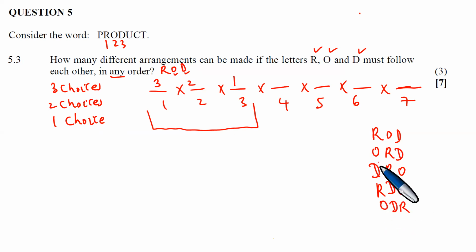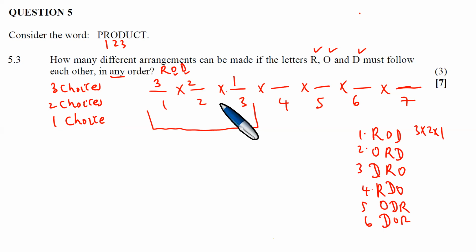But you can start with the O, RD, and then it's the R. If you start with D, for example, it can be RO, but you can also have OR. So at the end of the day, you have 1, 2, 3, 4, 5, 6. This 6 is the same as 3 times 2 times 1, which is 3 factorial, which is 6, because 3 times 2 is 6.